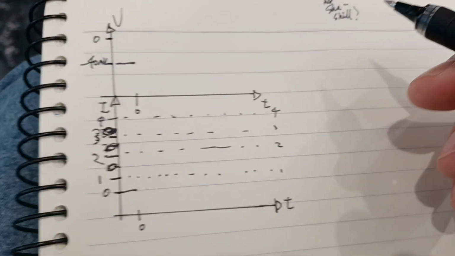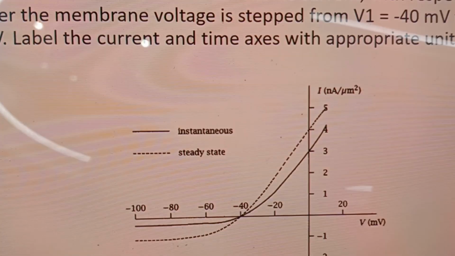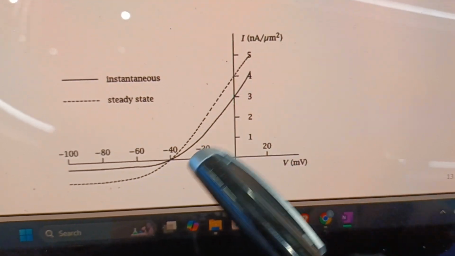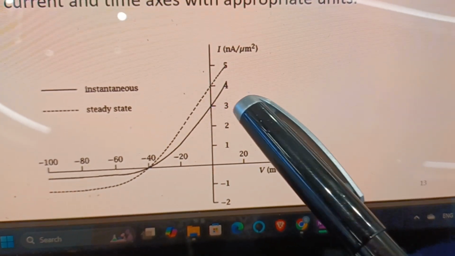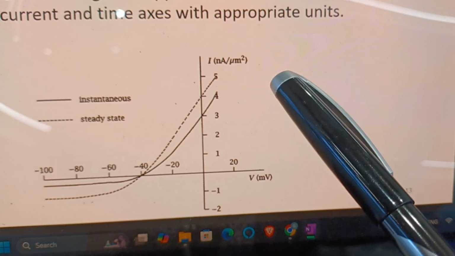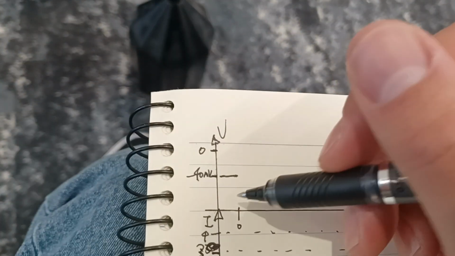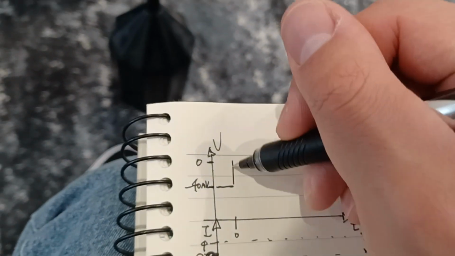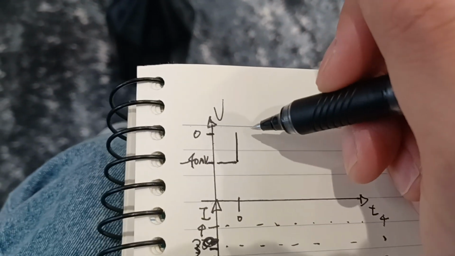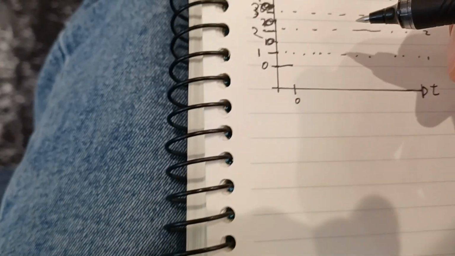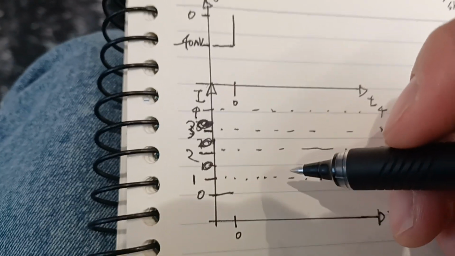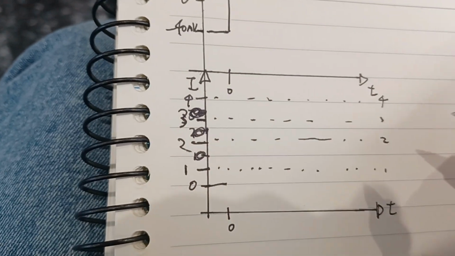Right? And in such case, when the V is equal to 0, the instantaneous, the solid line, reaches the current of 3. So negative 40 millivolt instantaneously changing to 0 millivolt, and then instantaneously we reach 3 nanoamp per square centimeter.